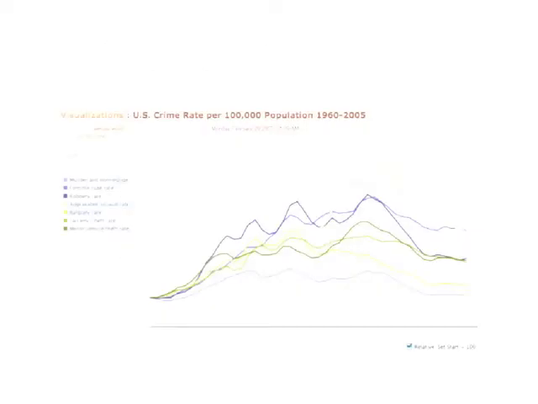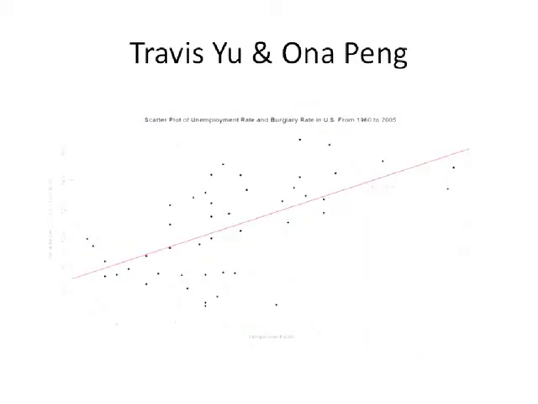Here's another one, which is U.S. crime rate per 100,000 population from the 1960s to 2005. And this is actually a very nice plot as it is, showing the trends over time. But the students who worked on this took a different perspective, and I just thought it would be worth showing you. This is Travis and Ona's plot. They looked at the relationship between unemployment rate and the crime rate, and saw that as unemployment increases, crime tends to increase as well.